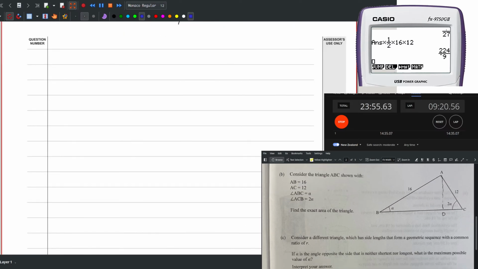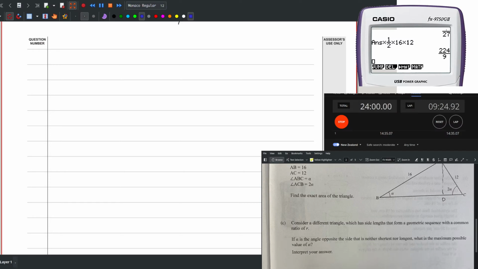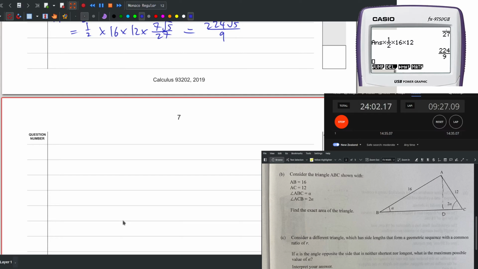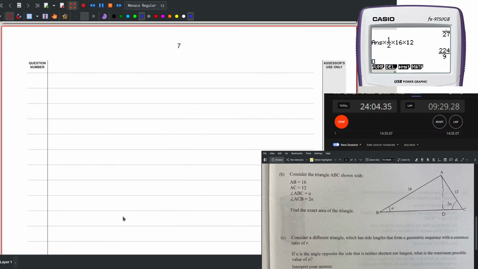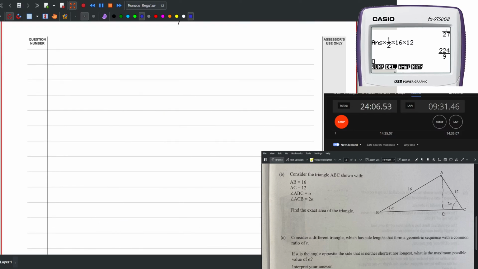Consider a different triangle whose side lengths form a geometric sequence with a common ratio of r. Okay. So we got 1, r and r squared, and this is alpha.